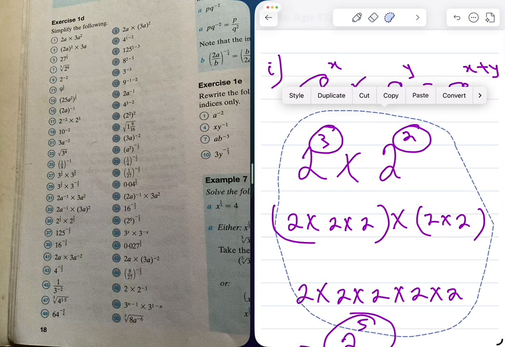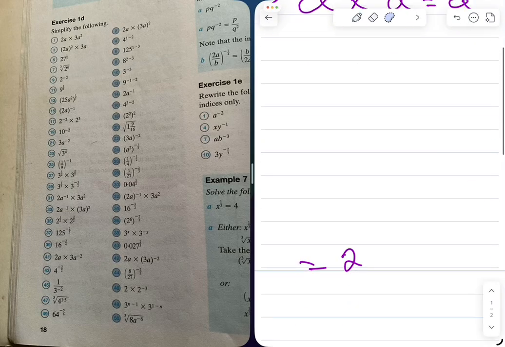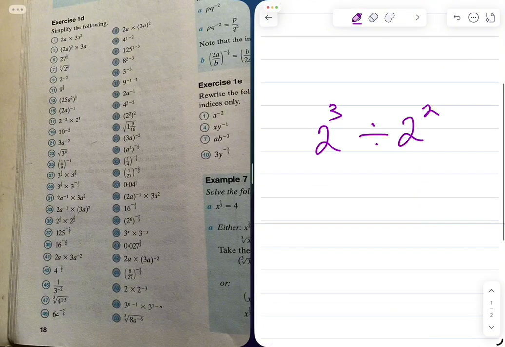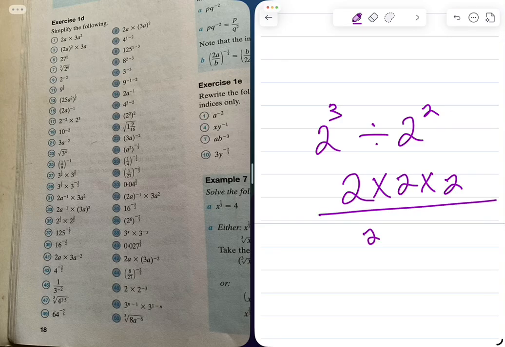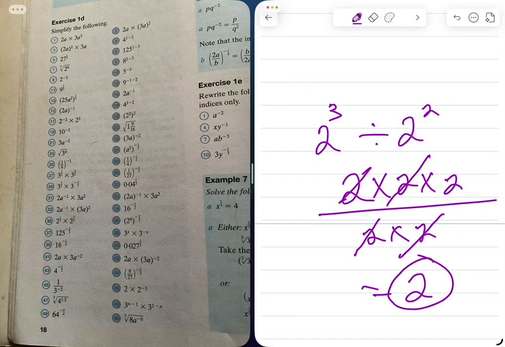Now we go to the second. Let's say another one. 2 raised to power 3 divided by 2 raised to power 2 is simply 2 times 2 times 2 over 2 times 2. 2 cancels 2, 2 here 1, 2 here 1, and the answer is 2. This 2 is the same as 2 raised to power 1.